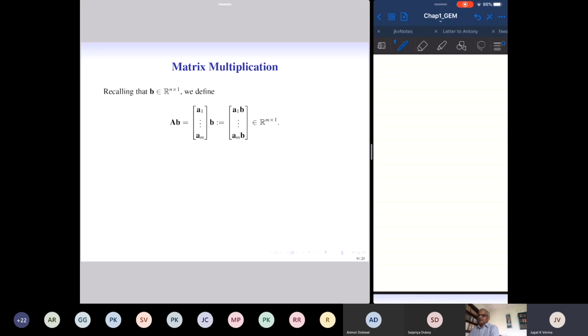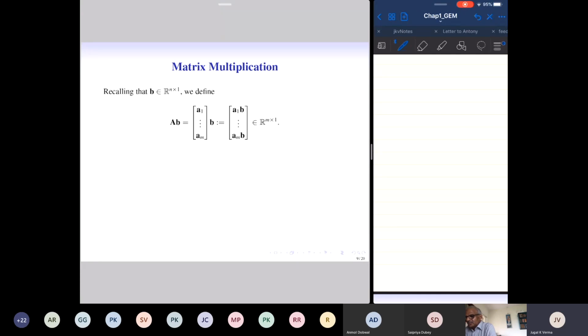And of course, we are not taking an arbitrary column vector. The condition is that the number of components of B is the same as the number of columns of A, and the answer is a column vector of size m. So the matrix A is sort of acting like a function. The input is the column vector B, and the output is a column vector in the m-dimensional space.